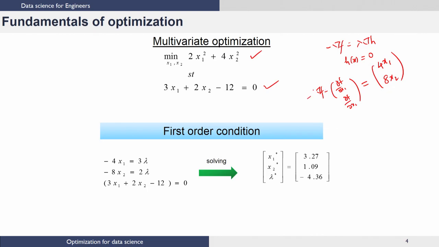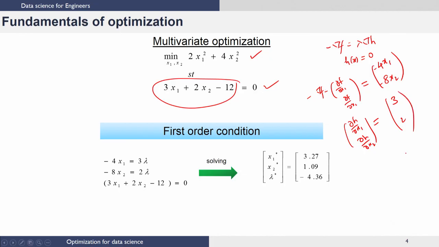So, negative grad of f would be the negative of that. Let us look at grad of h. So, h is this equation. If I do dou h dou x1, dou h dou x2, dou h dou x1 will be simply 3 and dou h dou x2 will be simply 2. Now let us see what this equation becomes.